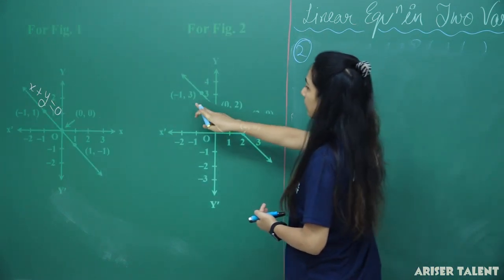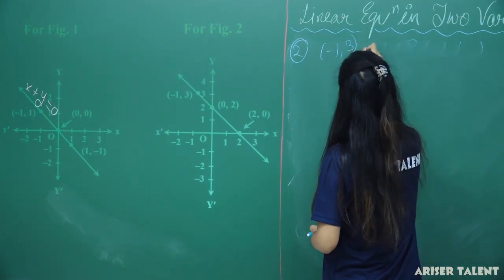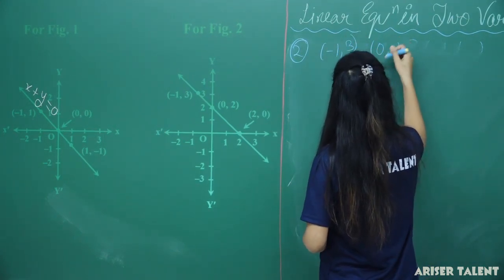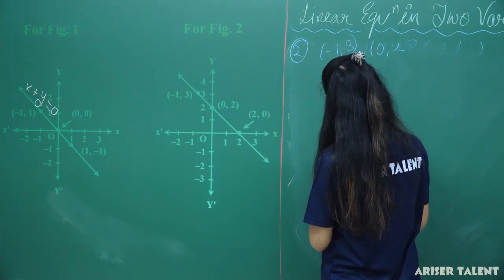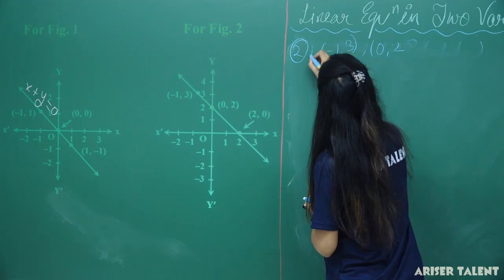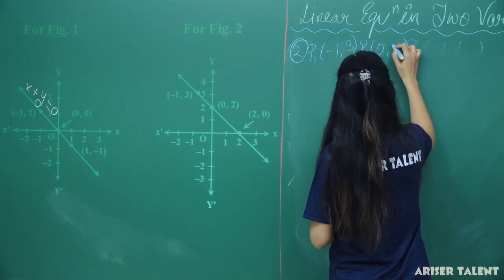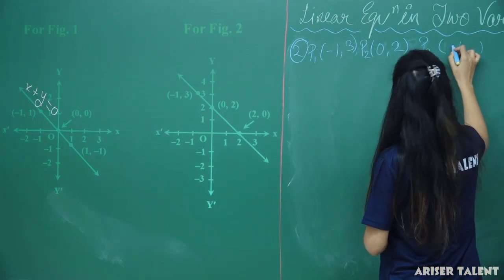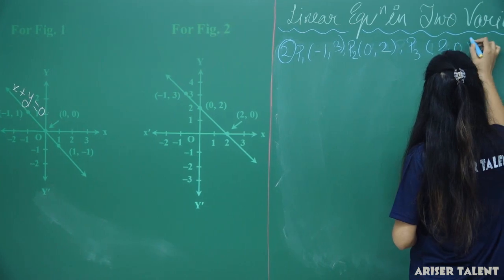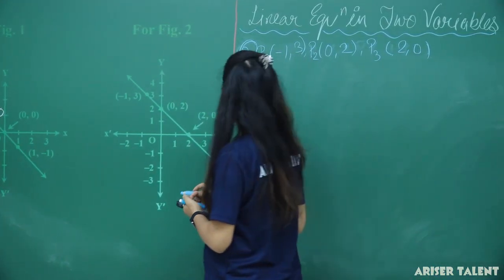The points are, look at here, minus 1 comma 3, 2, 0, second number point. So I will assume to be P1 here, P2 here, and P3. P3 is what? 2 comma 0. Now can I do this process a little bit faster?